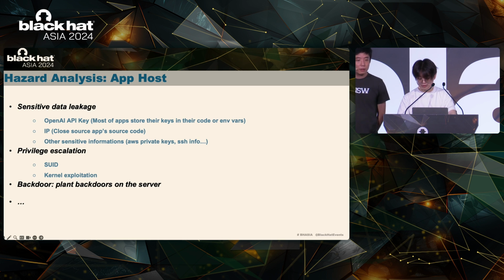Additionally, for black box apps, the source code is also stored on the server, leading to source code leakage, and other sensitive information such as server kernel version, AWS private keys, SSH connection information, and more can be accessed by the attacker.